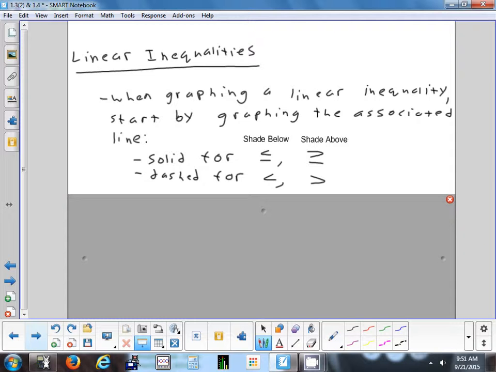Okay, to graph a linear inequality, we're going to start by graphing just like it was a line, just like if you were going to graph y equals 2x plus 3. We're going to do this the same way. The only difference is we have two choices for what kind of line we can draw, solid and dashed. If you've got a less than or equal to or a greater than or equal to, that's a solid line.